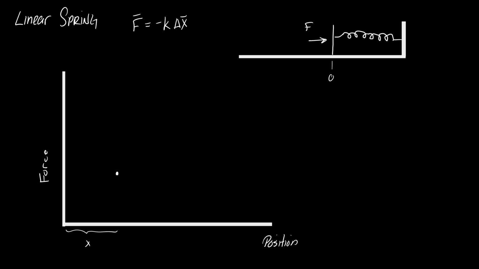And what I mean by it being linear is that the relationship between how much I have to push on the spring and how much it's displaced goes up a little bit with every change in displacement.